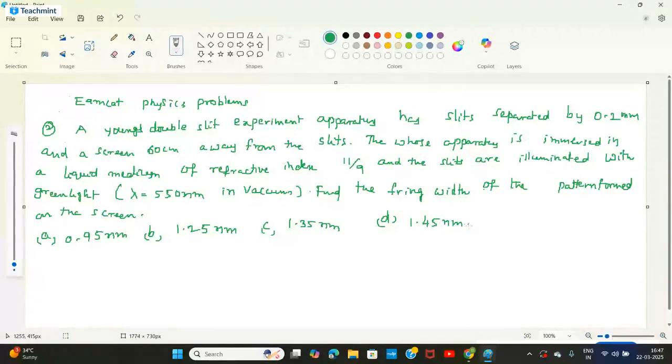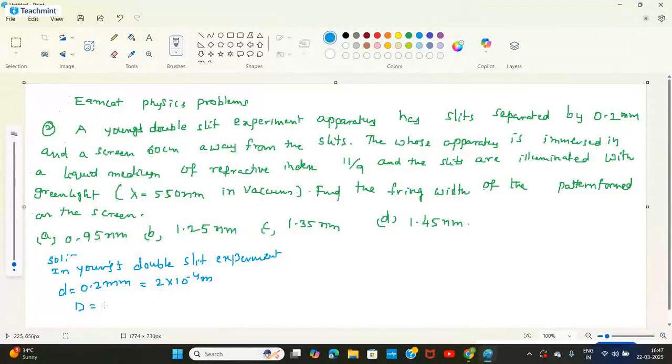Here the four options are given, and the solution: in Young's double slit experiment, d equal to 0.2 millimeters, we can write 2 into 10 power minus 4 meters, and capital D, it is given that screen is 60 centimeters away from the slits.